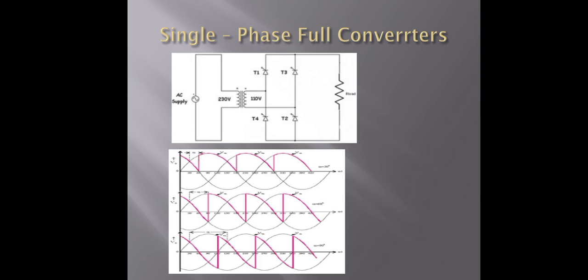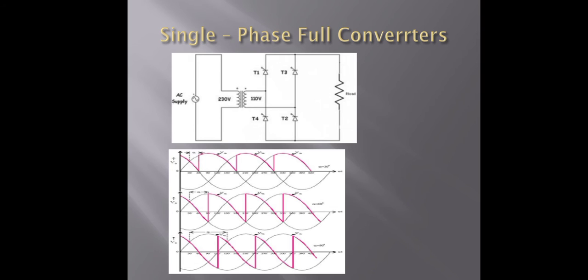Then the thyristors T3 and T4 are forward biased, and the other thyristors T1 and T2 get reverse biased, which is the off condition.